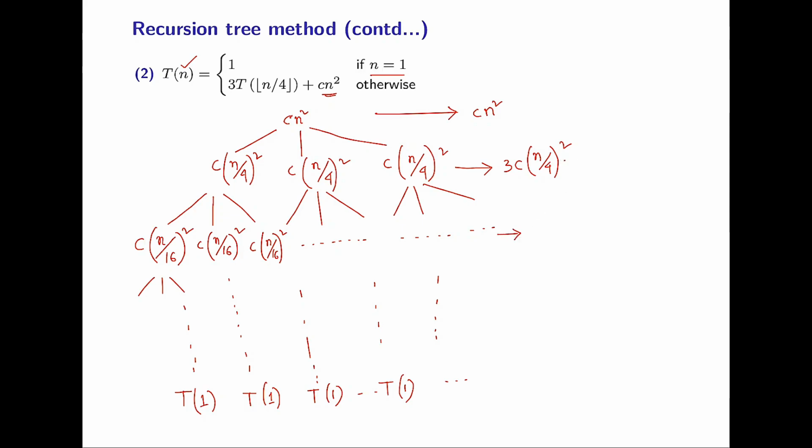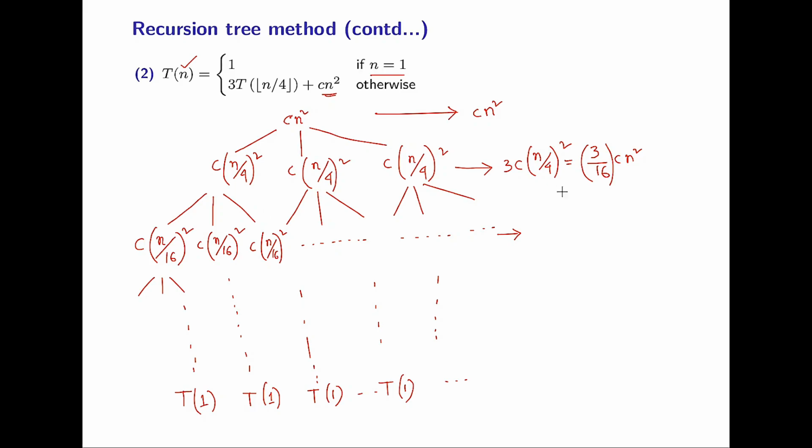If you see, we can write it this way, 3 by 16 C n square, right? 3 by 16. Here if we add, how many nodes do you see? 1, 2, 3, 4, 5, 6, 7, 8, 9. So 9 C (n/16) whole square.